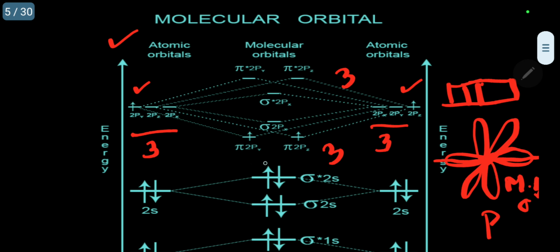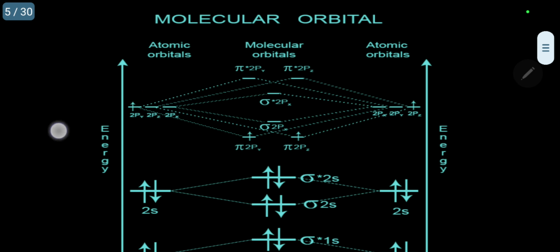So for B2, here you have to fix one important thing, that is, you have to think of what axis you are going to keep, the x-axis or y-axis. Kindly follow. From that only we have to decide.